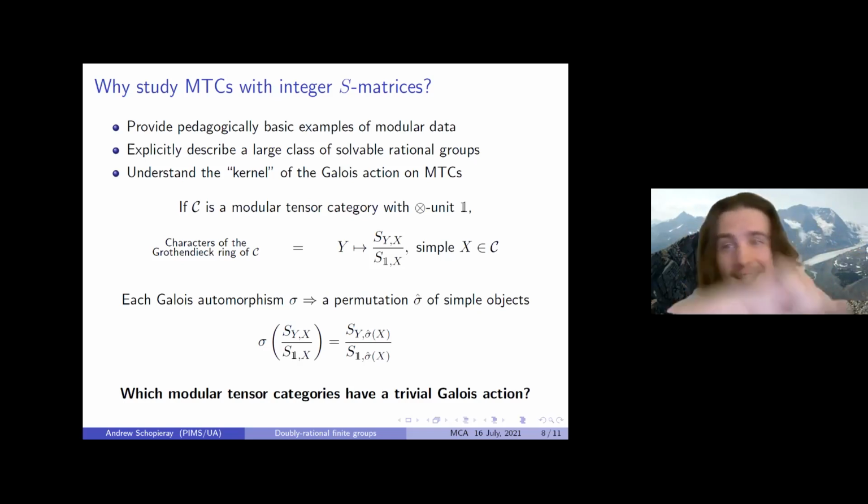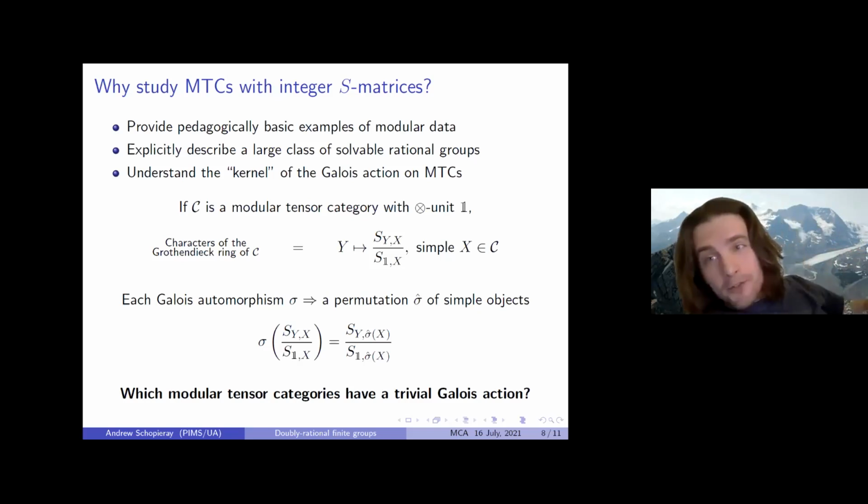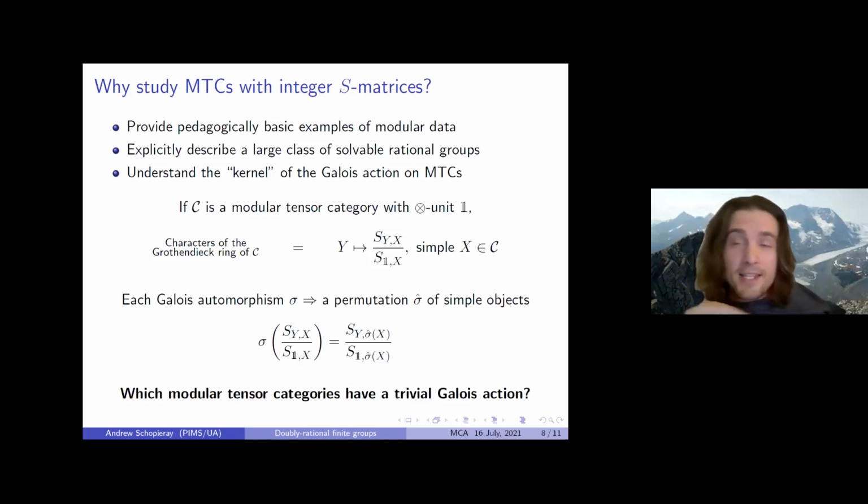So you would think that if you go to the diametrically opposite end of the spectrum, and you look at categories for which the Galois automorphisms do nothing, everything is a fixed point for every Galois automorphism, you would have an equally easy time writing down examples. But it turns out that that's a completely different level of difficulty. Okay? So it's quite interesting how different those two cases are.